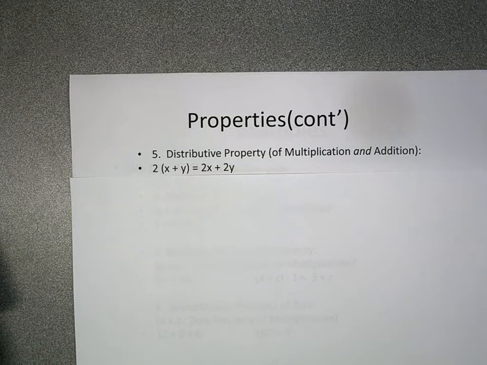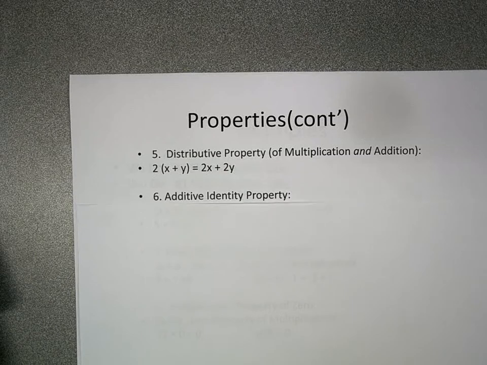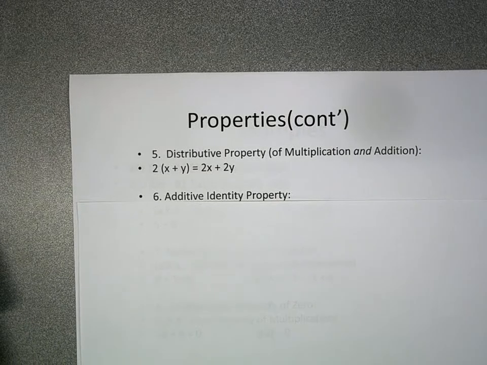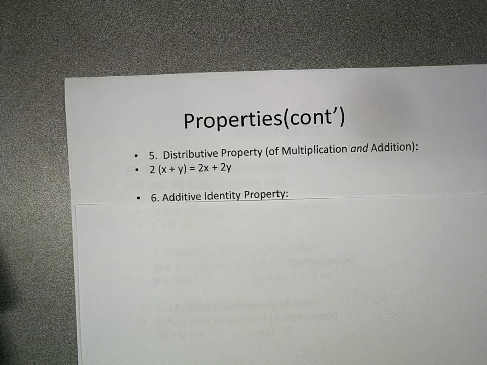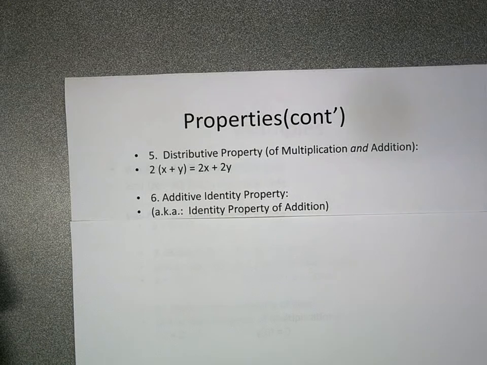Okay. Here we go. The next property. Additive identity property. Everyone? Oh, let's try that one more time. Additive identity property. Everyone? Additive identity property. Now some of these will be a little weird because they actually have a couple different names. It's also known as the identity property of addition.